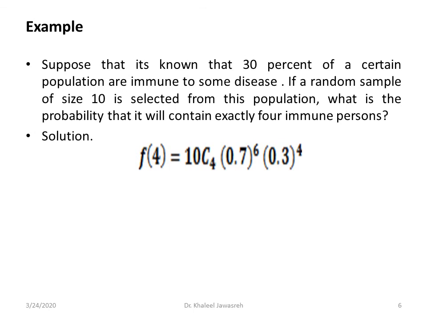So n minus x, where n is 10 and x equals 4, will yield 6. And 4 is the x, as we discussed previously. If we apply this equation and just add the values, the final answer will be 0.2001. And you can solve it by hand, just to know where we get those numbers from.